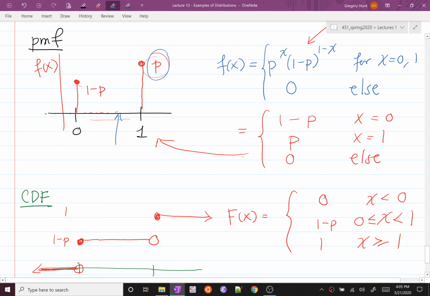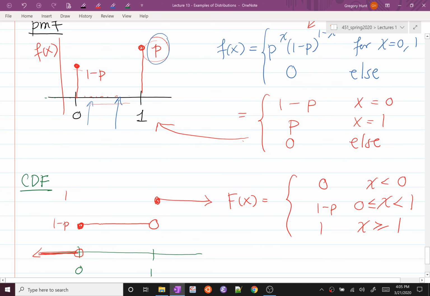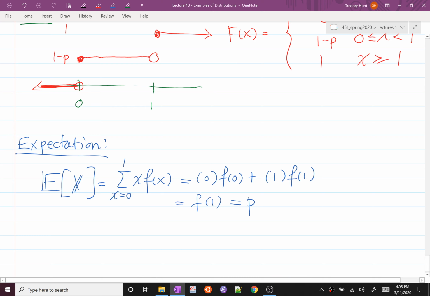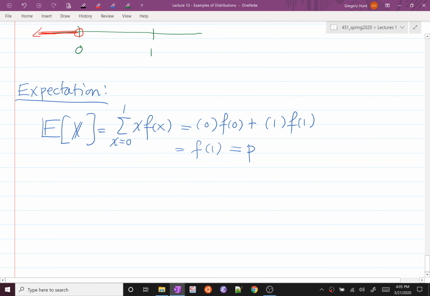If p has a higher value, it's going to be weighted more towards 1. And if 1 minus p is larger, it's going to be more towards 0. And if they're equal, it'll be exactly between them. So for 0.5, it'd be exactly at 0.5. If p is 0.75, it'll be 0.75. So the expected value of Bernoulli is just the parameter p. So that's nice and simple.